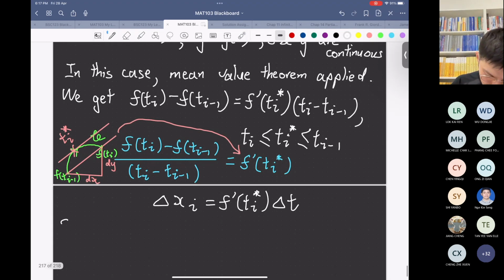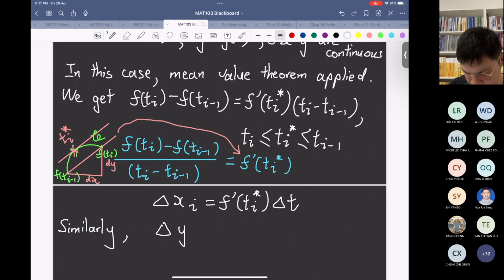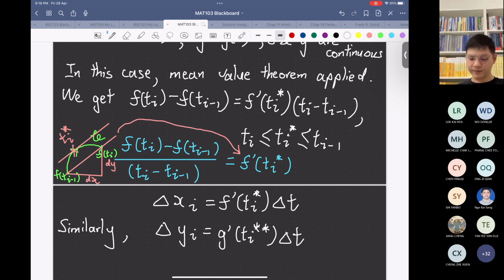Similarly, because g is continuous, we can get a similar equation for delta yi, which is g prime ti star star times delta t again, maybe at a different time. So we fix the time interval and look at the changes delta xi and delta yi.